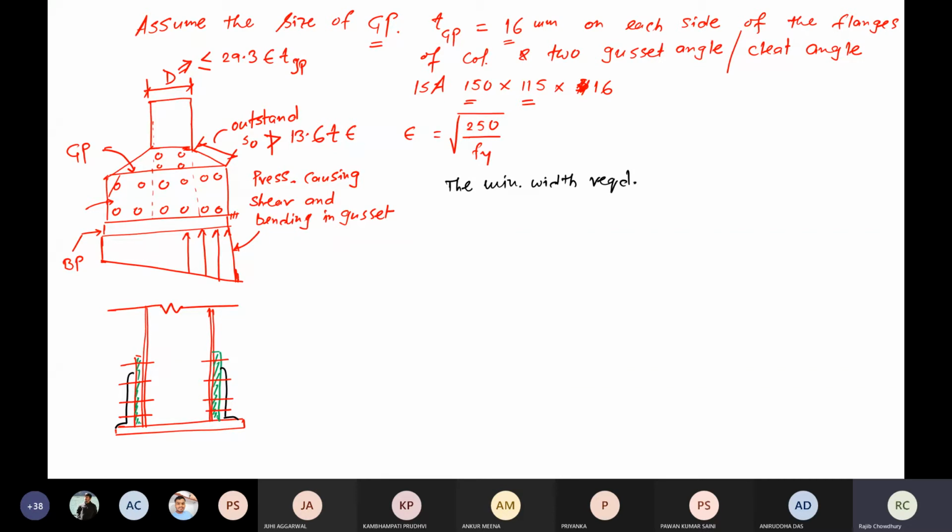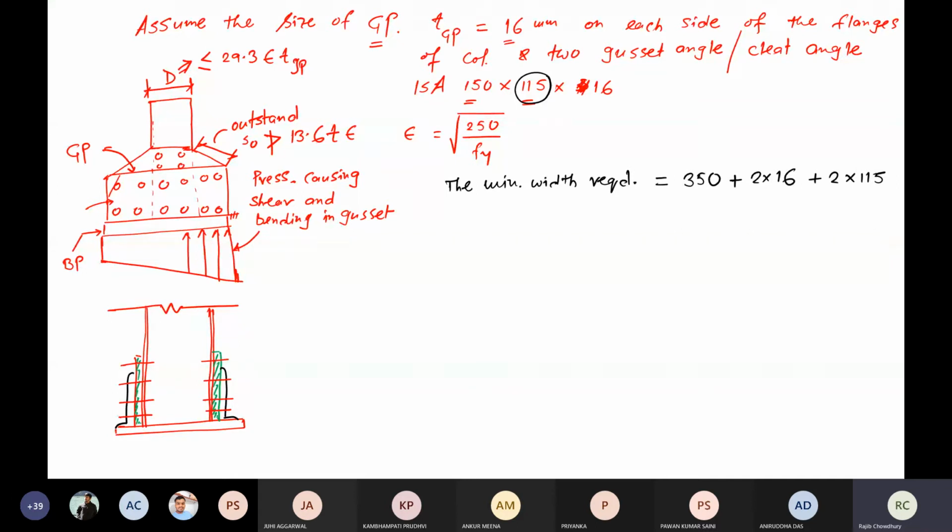because I have already calculated the total area that has been required. So what is the total depth? 350 plus 2 times 16, plus 2 times 115, that outstanding and that other leg of your cleat angle.